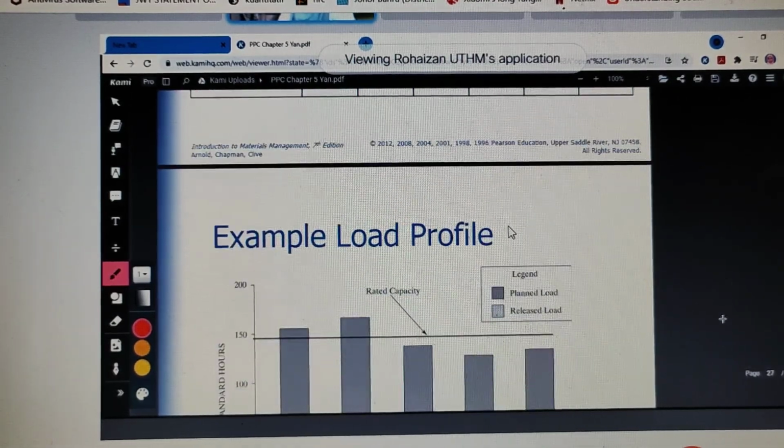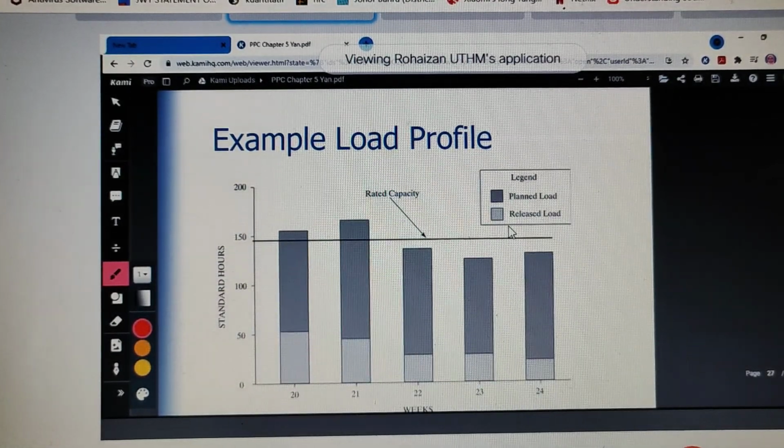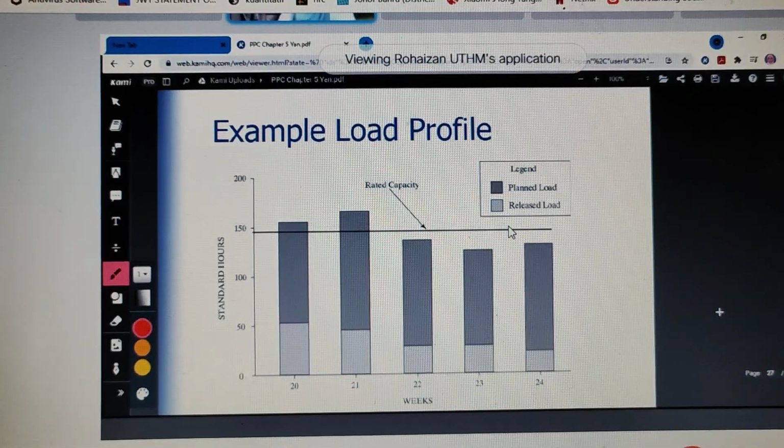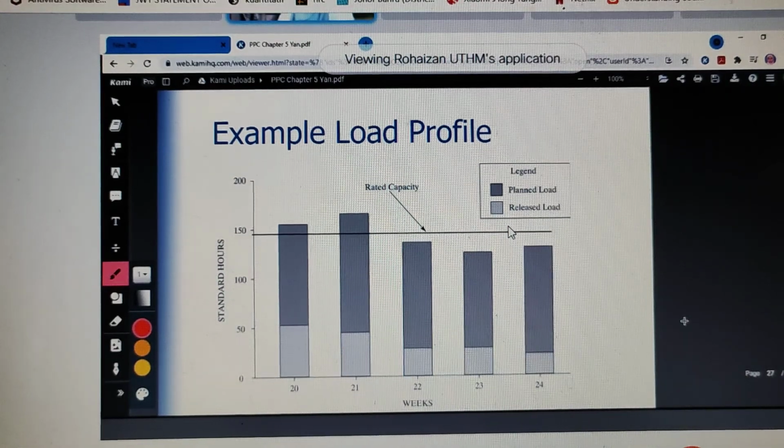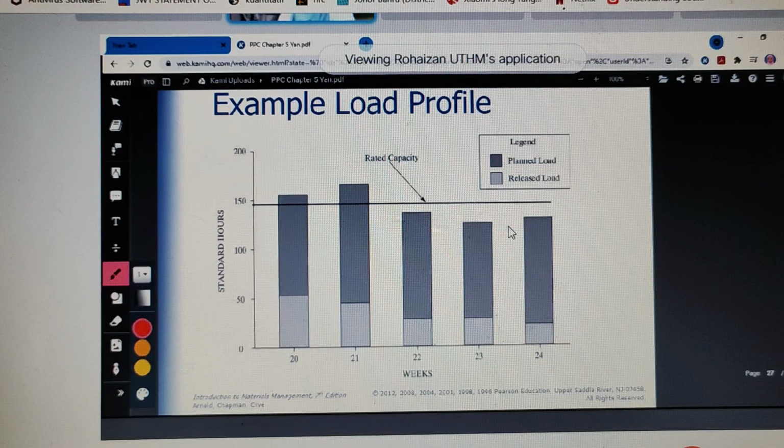Okay, thank you. This is the load graph or load profile. You have to know how to transform from this table into this graph. This is compulsory. You need to know how to produce this graph.